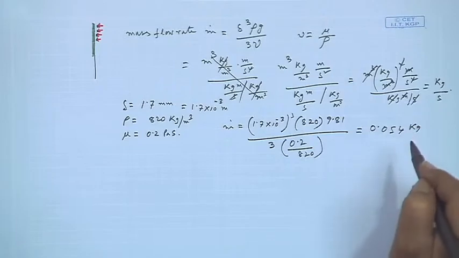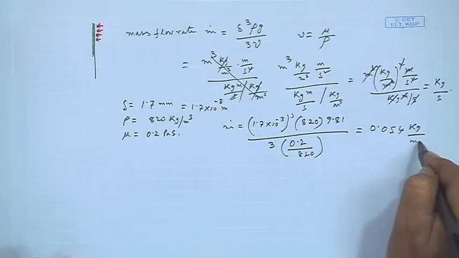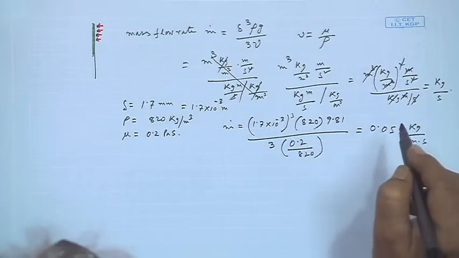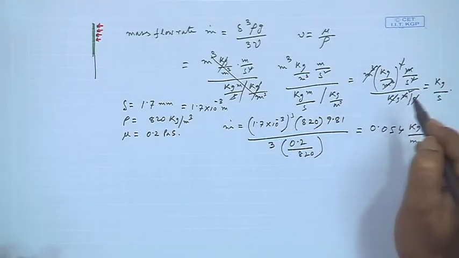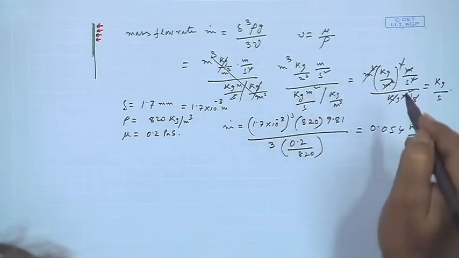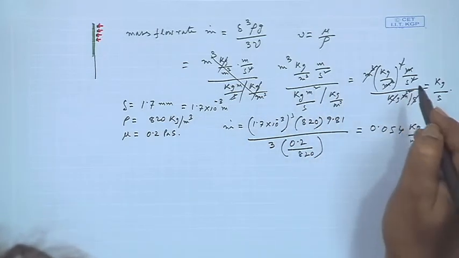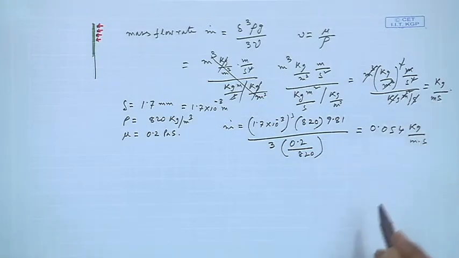Checking the units, kg meter square per second, and one meter goes out, so kg per meter second remains. So 0.054 kg per meter per second is the mass flow rate.